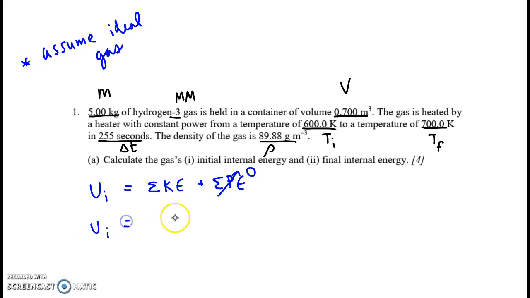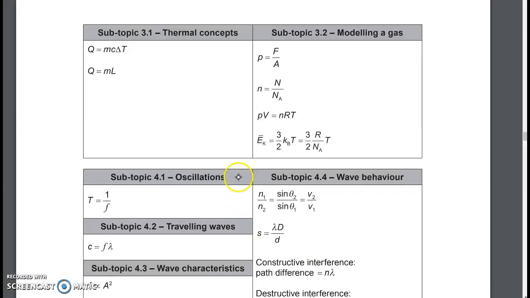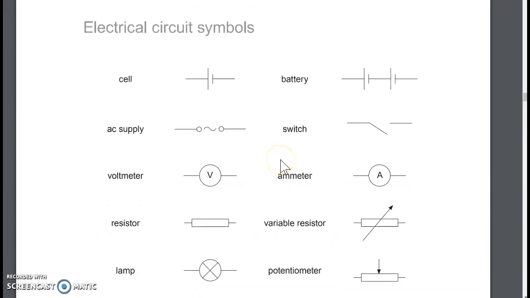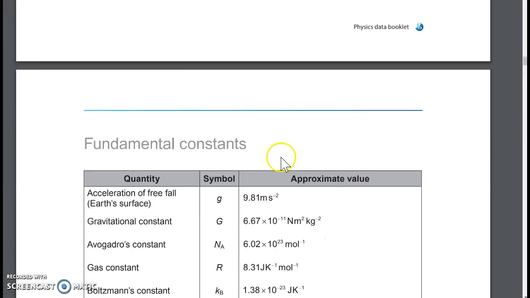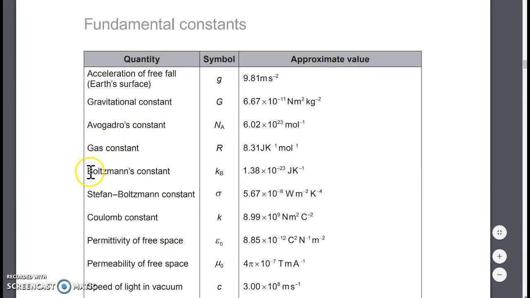So if I want the total kinetic energy, I'll use that formula: 3/2 times Boltzmann's constant times the temperature, right? And Boltzmann's constant, that's something we're given. Here it is, k_B. If we go up to the fundamental constants, it is the fifth one down, and it's 1.38 times 10 to the minus 23.